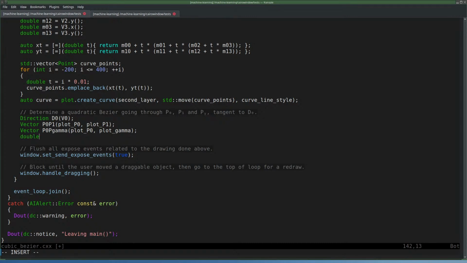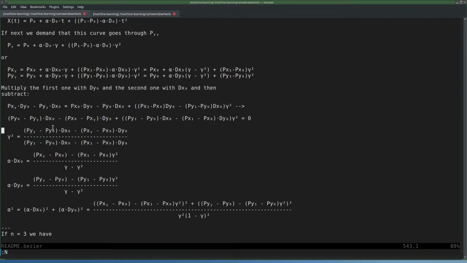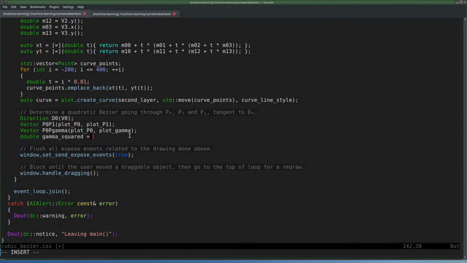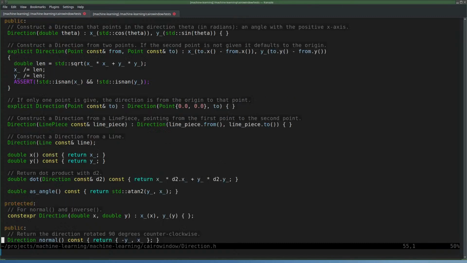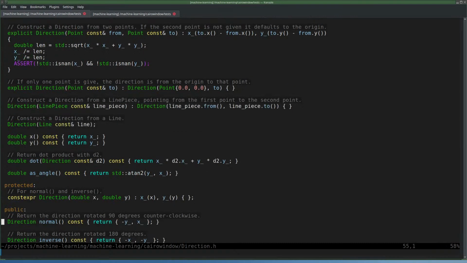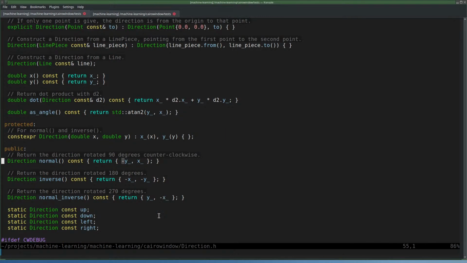I'll go straight for gamma, I think. Gamma squared. Call it again, really. I think the second one. 0 to gamma. And then the normal of that, because the normal is a negative before that one. Oh, that's not what I wanted then.